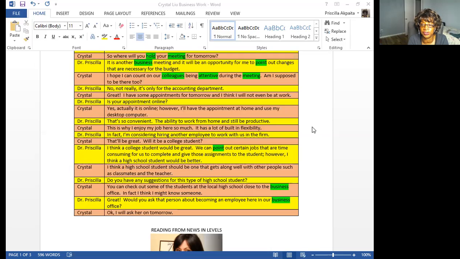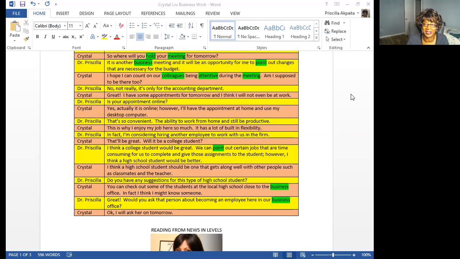We can point out certain jobs that are time consuming for us to complete and give those assignments to the student. However, I think a high school student would be better. Do you have any suggestions for this type of high school student? Great. Would you ask that person about becoming an employee here in our business office?